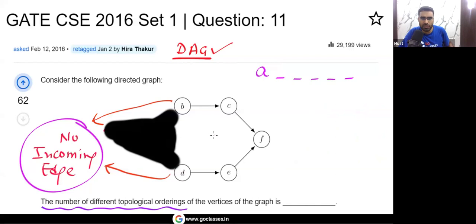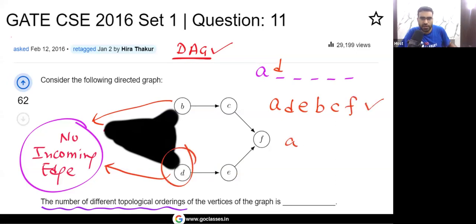Now if you start with AD, what will happen? After deleting A, if you take D, then what will happen? Very simple. This AD, now delete this D. Then you can take E, and automatically it will be BCF. Similarly, after deleting D, I can also take B, no problem.